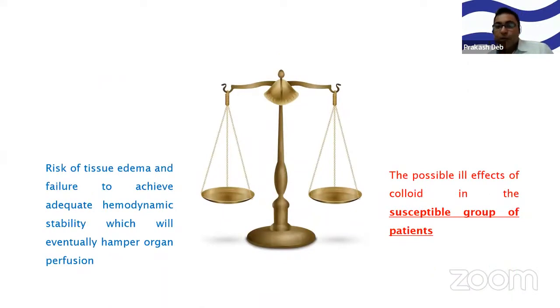Yes, we can use colloid, but we have to be careful because we have to balance the risk. If we use crystalloid, there are chances of tissue edema, and at times we may not be able to achieve the hemodynamic stability which a colloid would achieve. So there may be some impairment of organ perfusion. This has to be balanced with the possible ill effects of the colloid, which may happen in selected and susceptible patients.